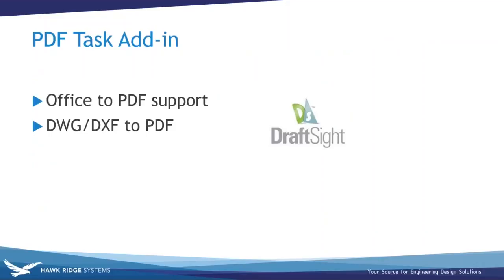This does require DraftSite Professional or Premium just because it's accessing the API, which is only available for DraftSite Professional and Premium, but there is now capability to generate PDFs from your DWG or DXF files within SOLIDWORKS PDM as an automated task, just like you would with creating a PDF from a SOLIDWORKS drawing.